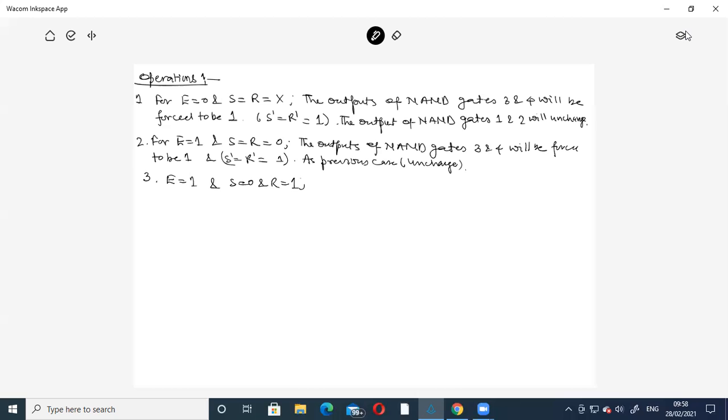The output of NAND gates 3 and 4 will be 1 and 0 respectively.